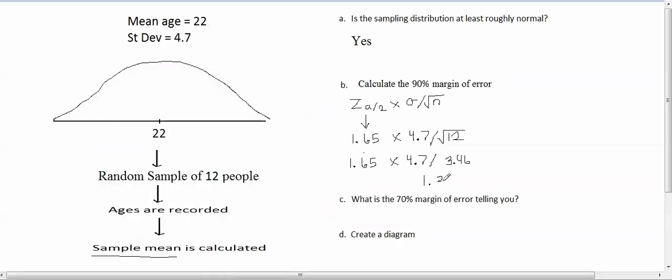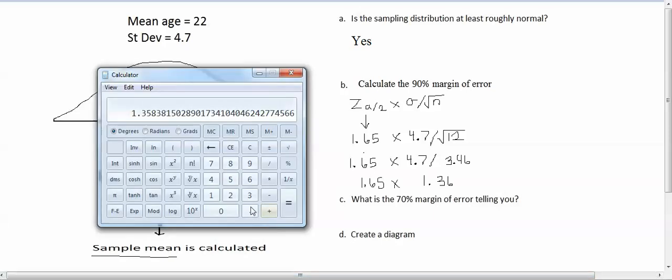Now we just need to multiply 1.65 by 1.36. Comes out to 2.24.